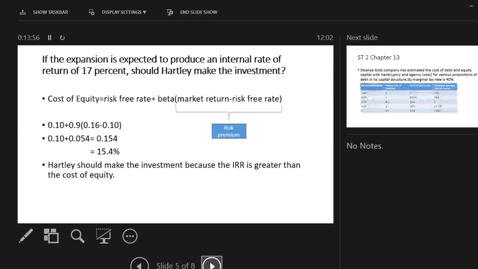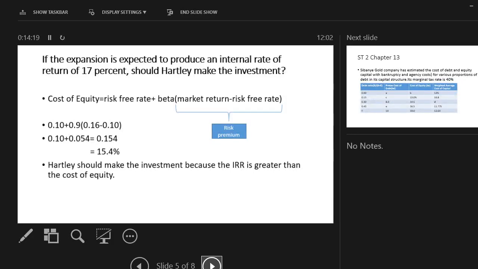But now this question is specific. It's picking out one division within the company, the first division, the natural gas pipeline.